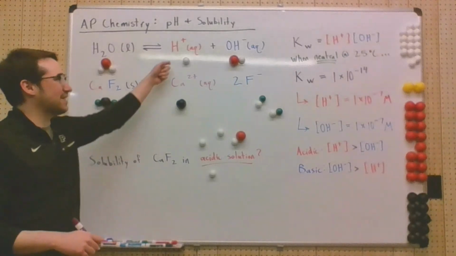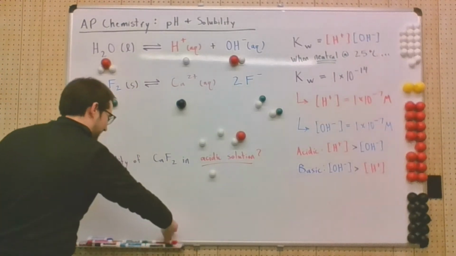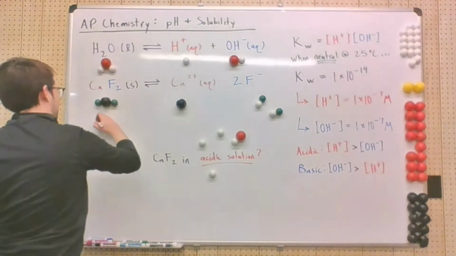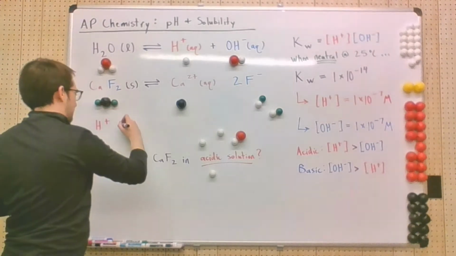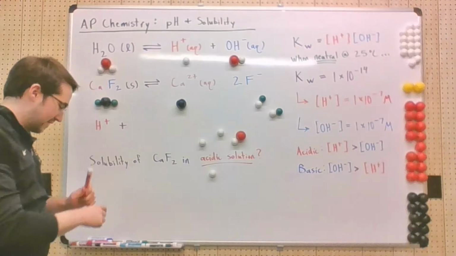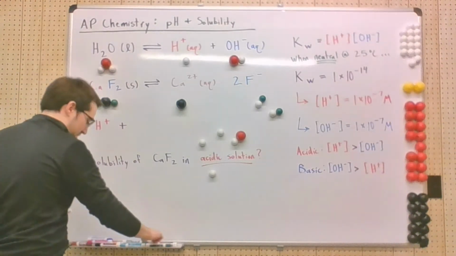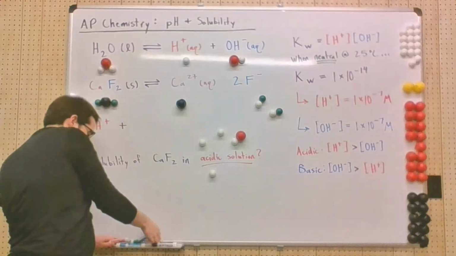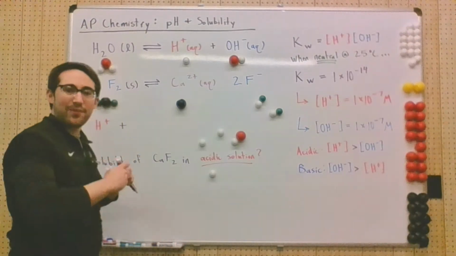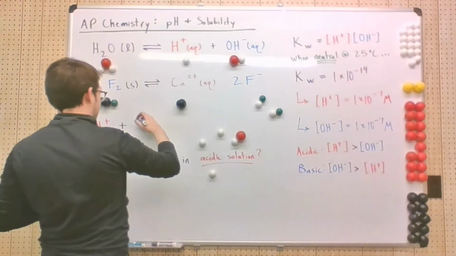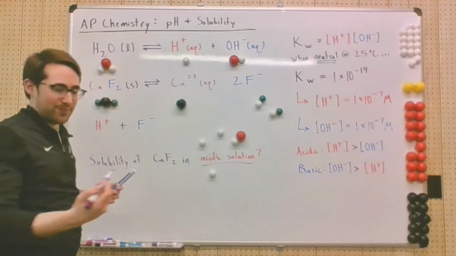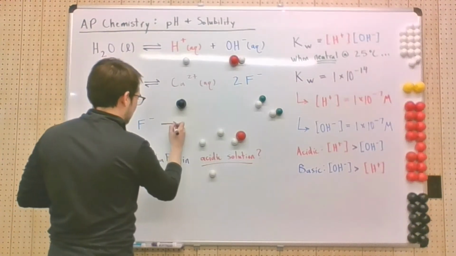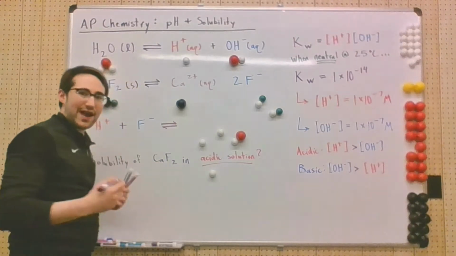So I'm using these H pluses, H plus, my F minuses. That makes an equilibrium where HF is formed.